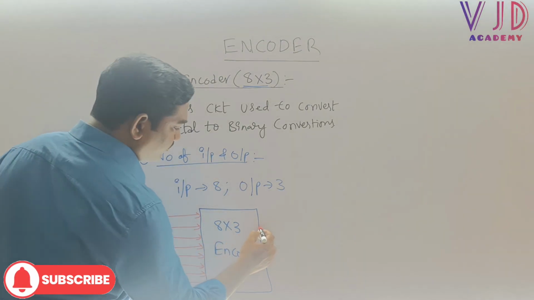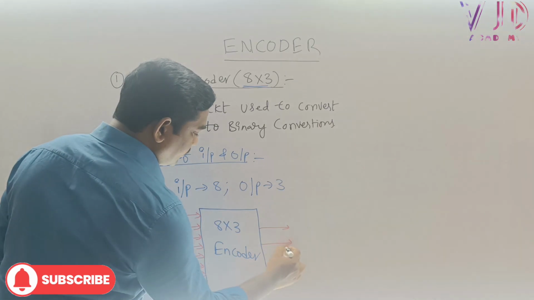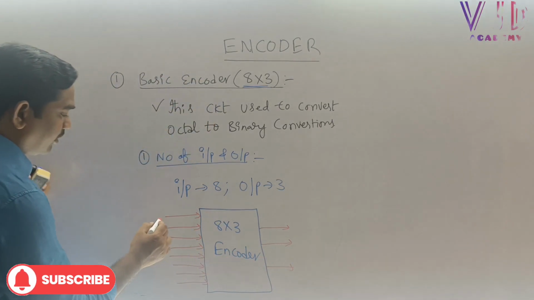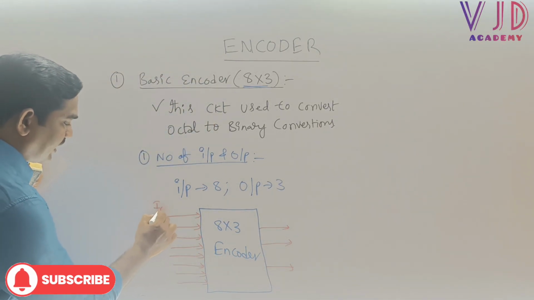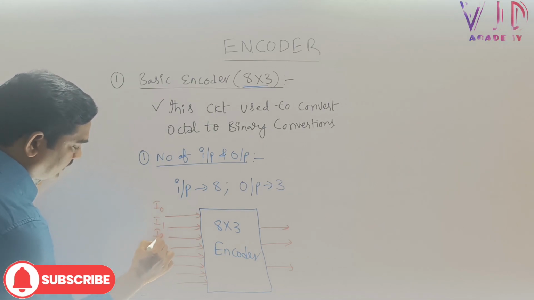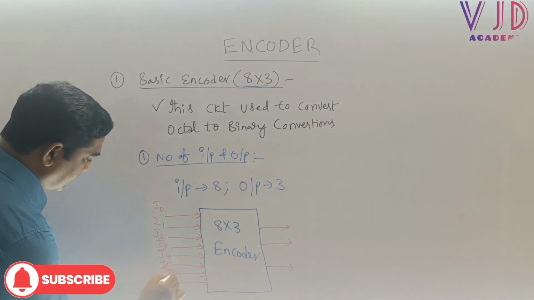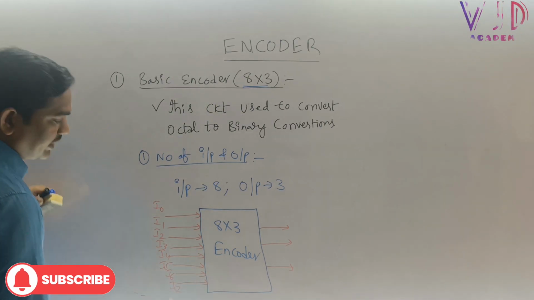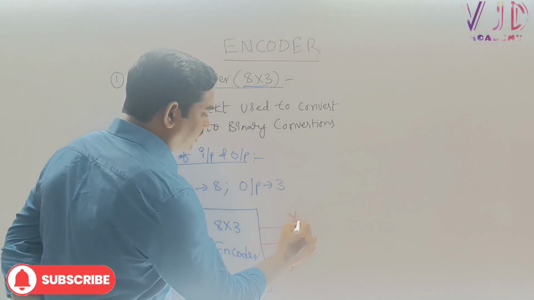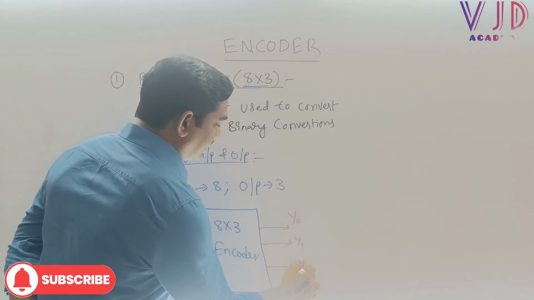And there are 3 outputs which are 1, 2, 3. Sir, can I call all these inputs as I0, I1, I2, I3, I4, I5, I6, I7? Yes. And now here the outputs I want to call as Y0, Y1 and Y2.